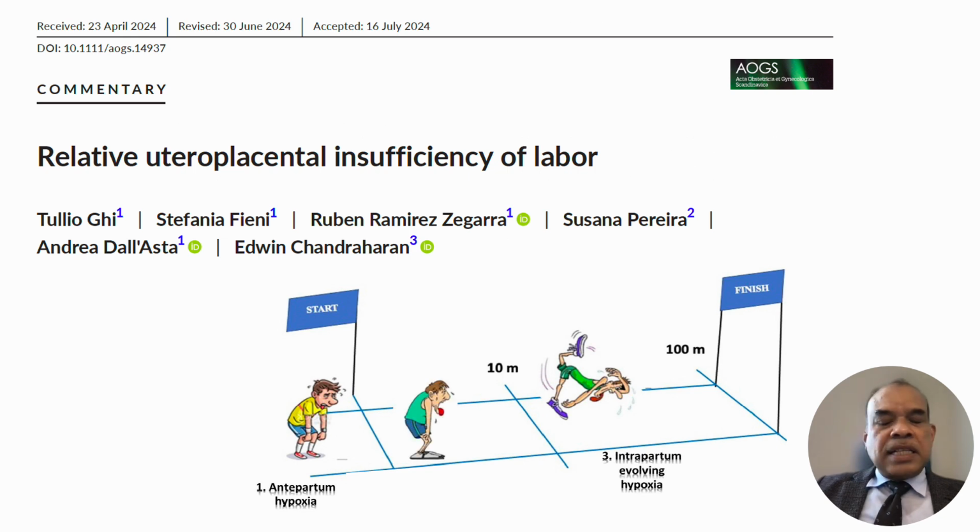But we also know that there is going to be a group of fetuses who do not have the full reserve. They have got subclinical placental failure, or their demand is higher than normal, for example, macrosomic fetuses. And therefore, those fetuses have to be recognized so that we can optimize care for those fetuses.